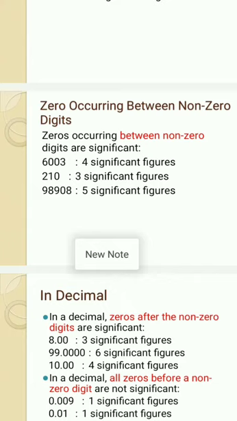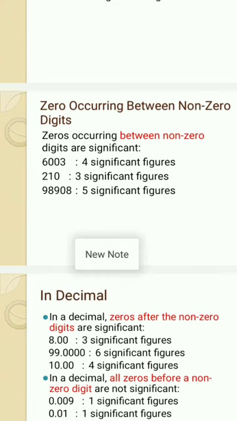You can see at the example given there, which is 0.009. It says that 0.009 has one significant figure.